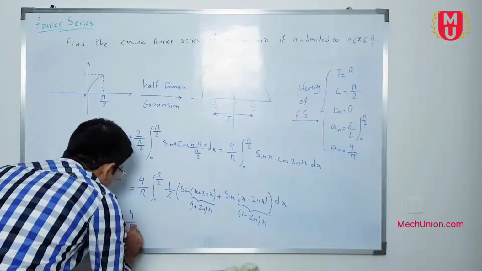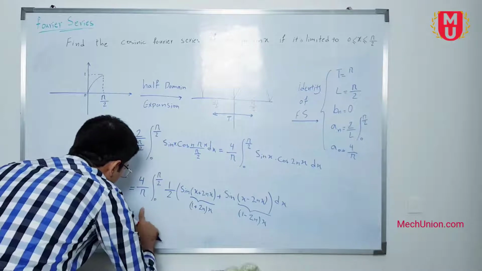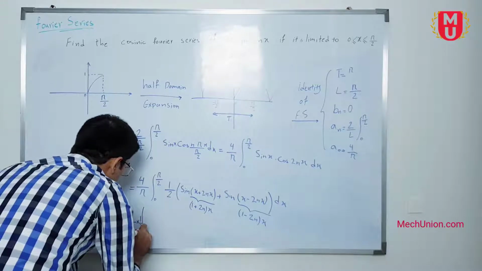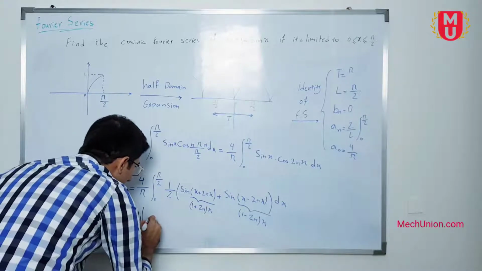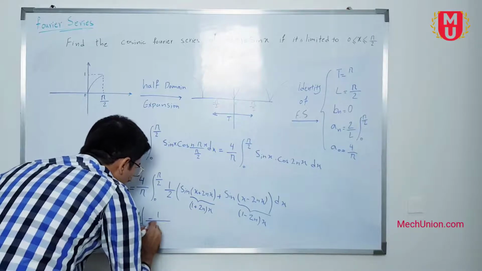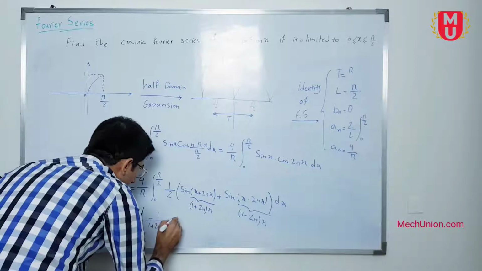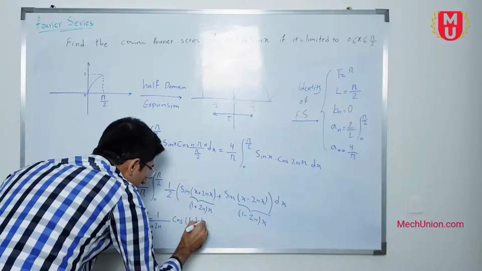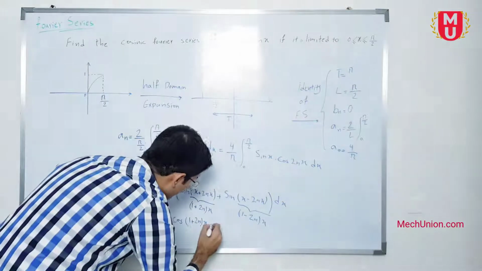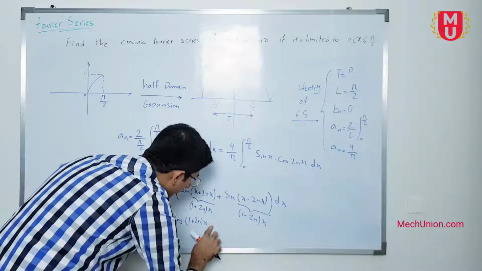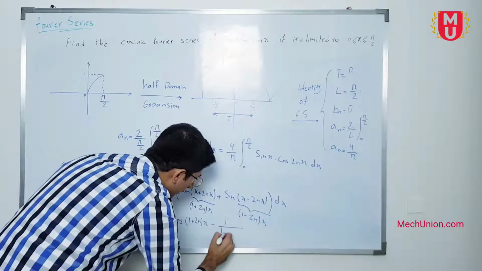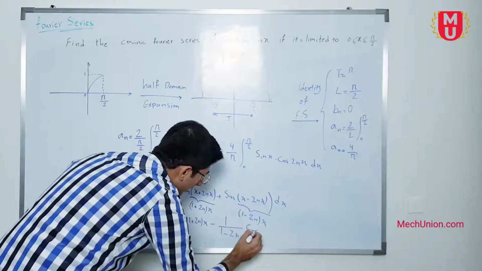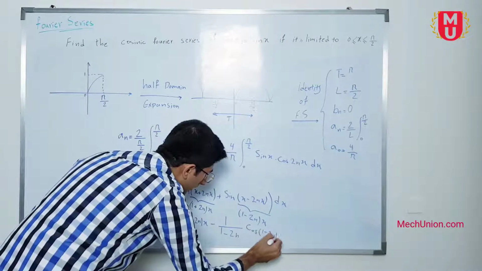4 over pi times 1 over 2, and the integral of sin x is equal to minus 1 over 1 plus 2n cosine 1 plus 2n times x, and plus minus again, minus 1 over 1 minus 2n cosine 1 minus 2n x.